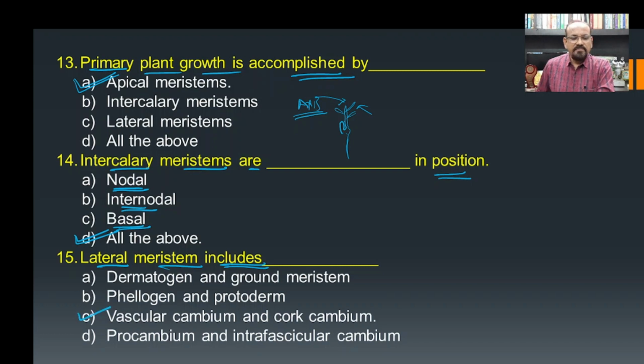Hence the vascular cambium present in the vascular bundle, that is the interfascicular cambium and the intrafascicular cambium, and the cork cambium which is involved in the formation of the periderm or the bark, are the examples of the lateral meristems.